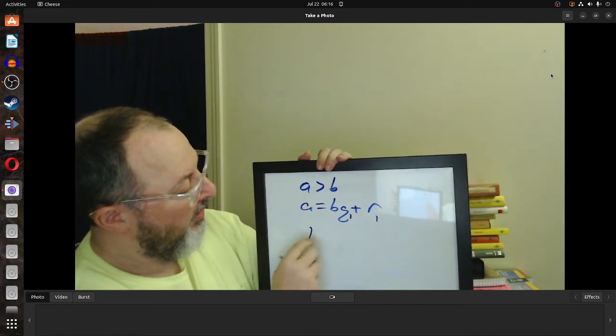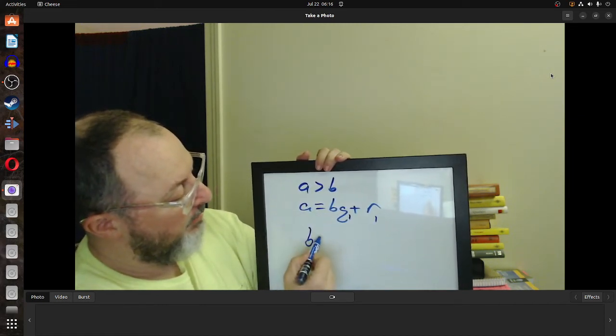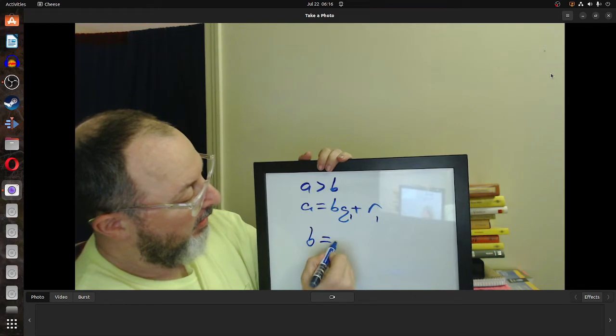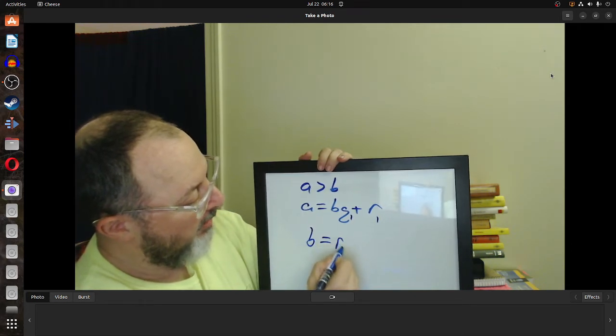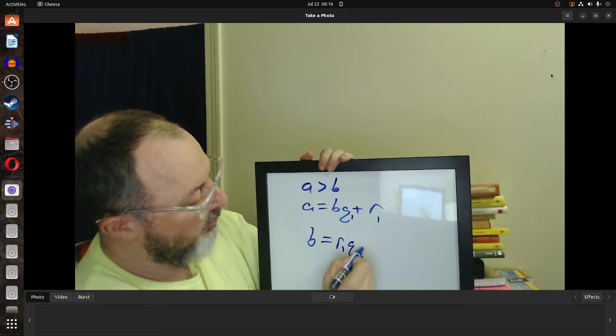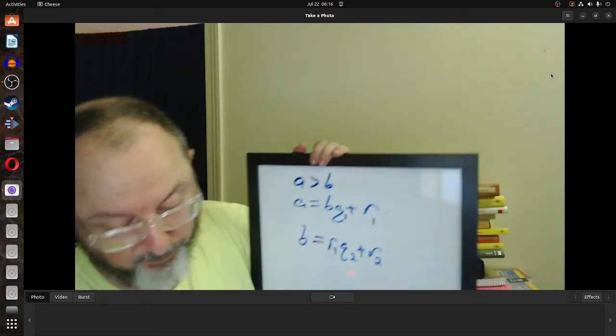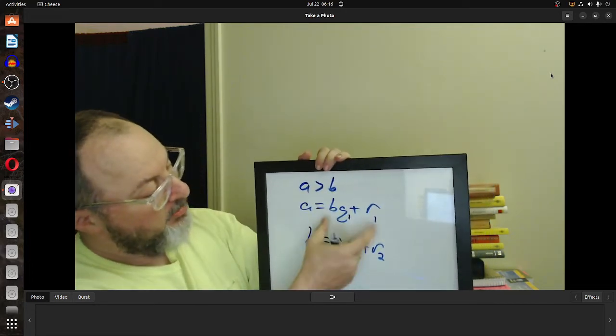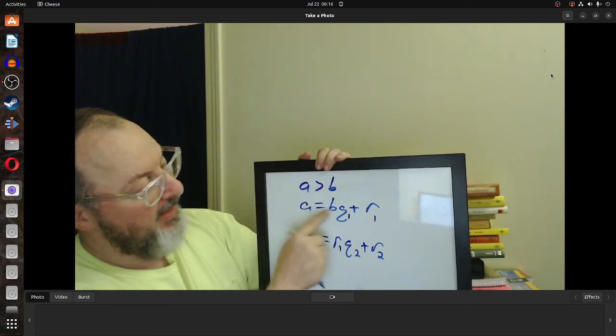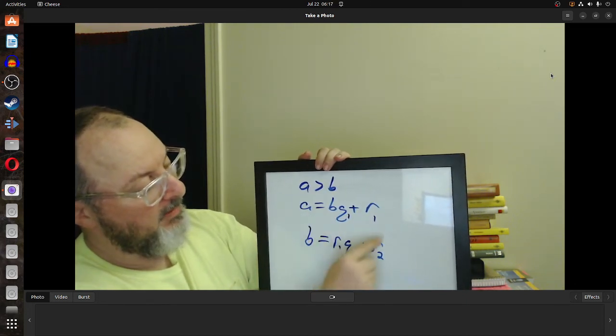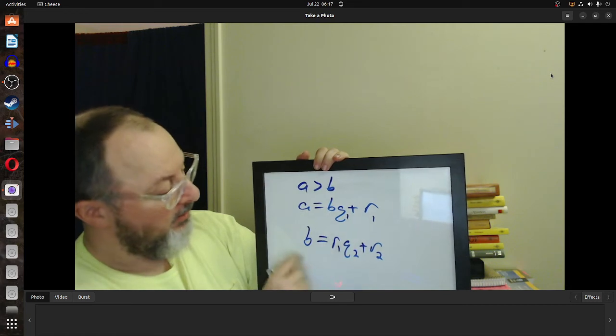So B will be R1 Q2 plus R2. So a common divisor of A and B will be a divisor of R1.